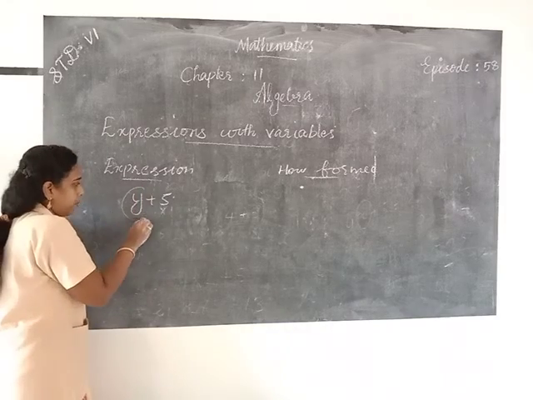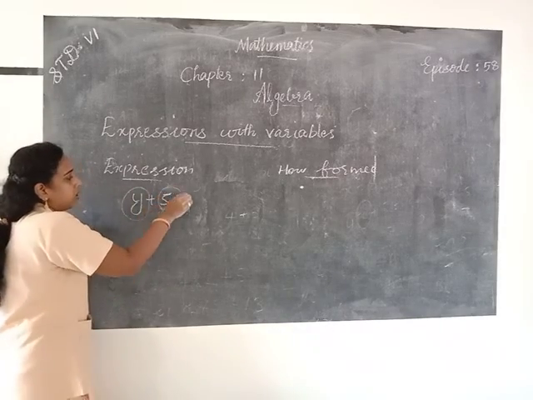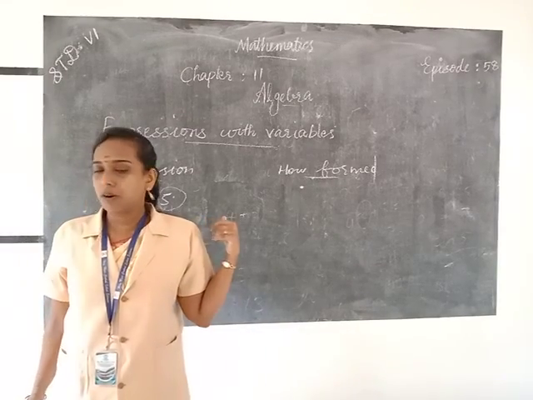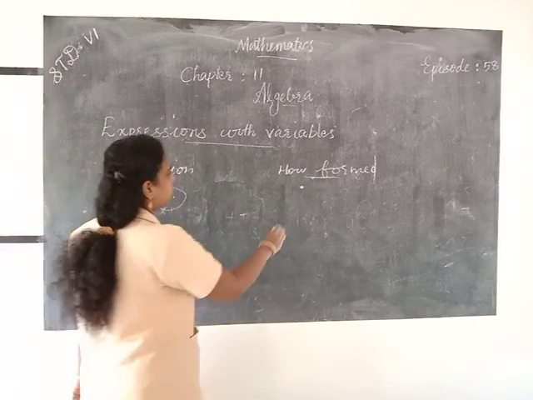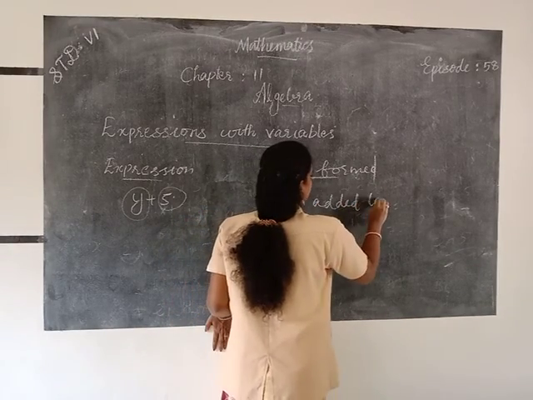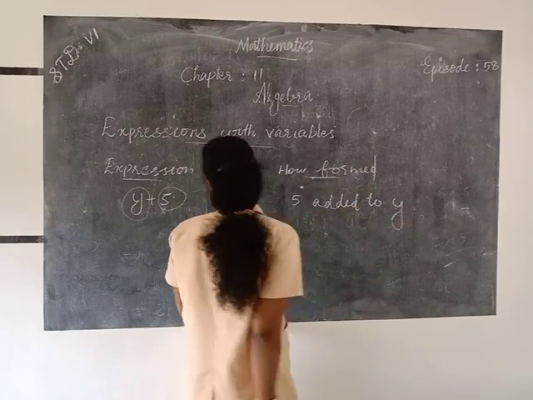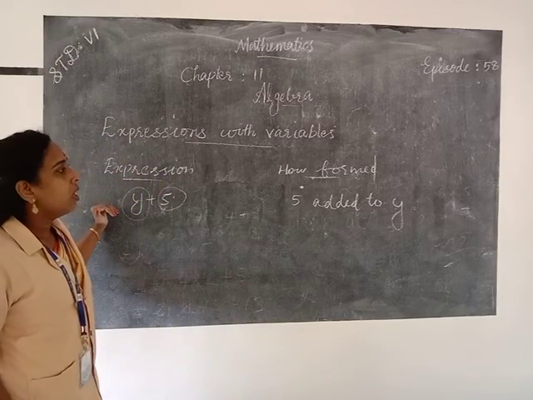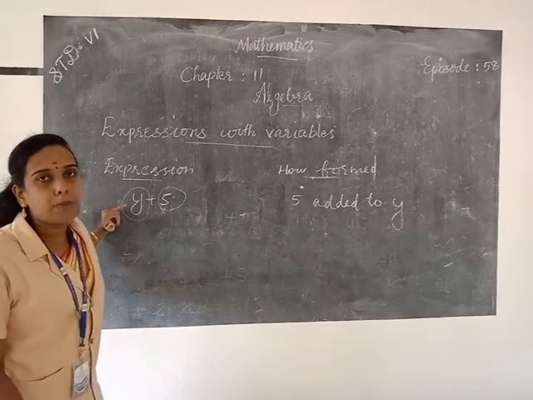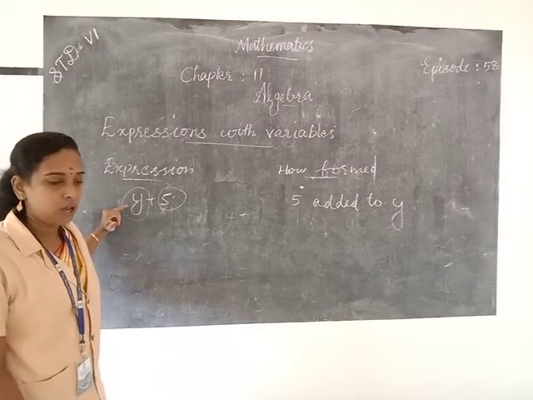Y is the variable. Then we add 5 to the variable y, then the expression is formed. So when we add 5 to y, then the expression y plus 5 is formed.